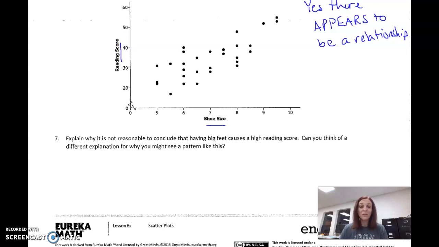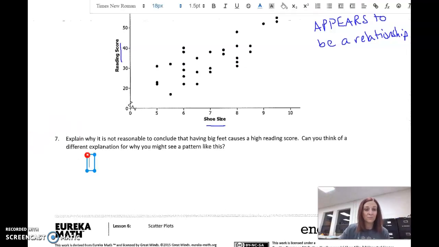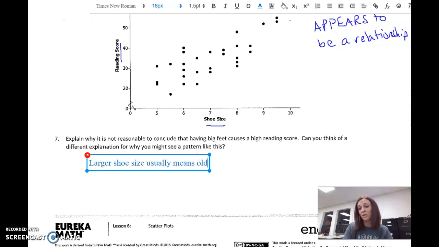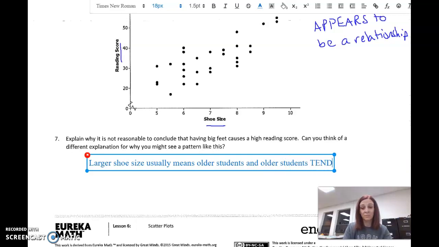Okay. So a different explanation: larger shoe size usually means older students, and older students tend, not always, to read better.